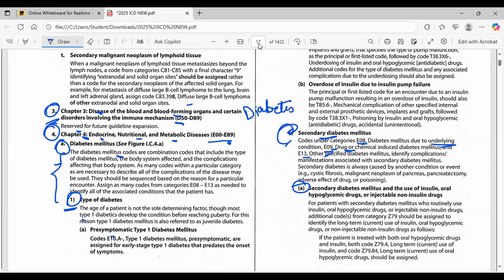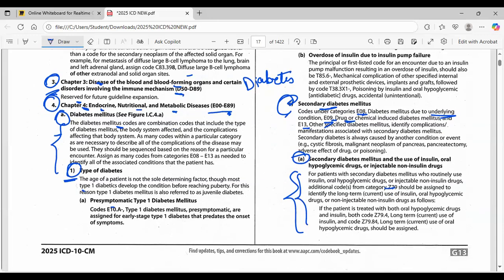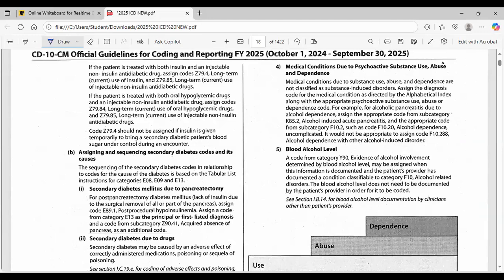Secondary diabetes, even for secondary diabetes, we have to use a Z79 code to represent that the patient is using a particular drug for the long term.